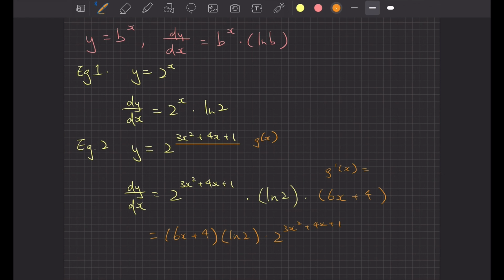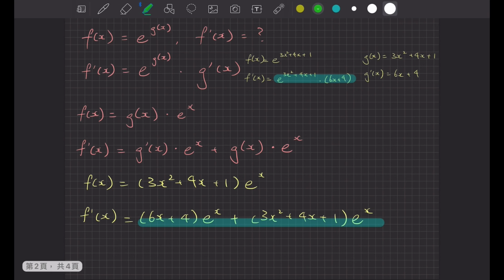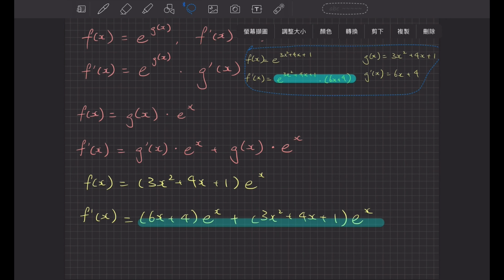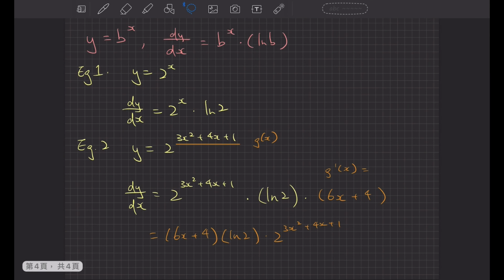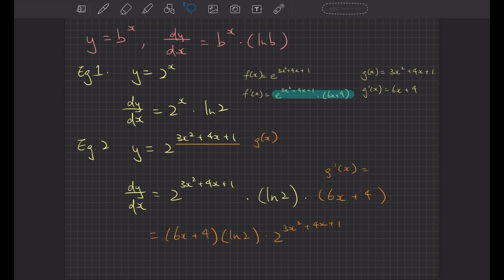Does it look quite familiar? Let's look back to the previous part, the first example we did. Maybe we copy it to that page. Now we can compare them. See, the only difference is the base. One is e and one is 2.